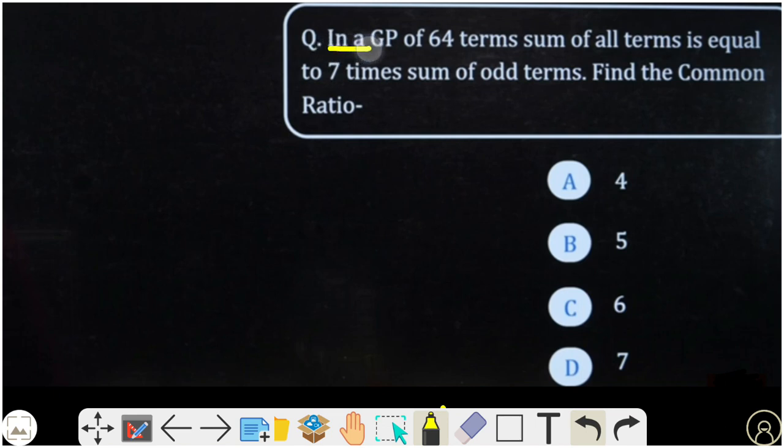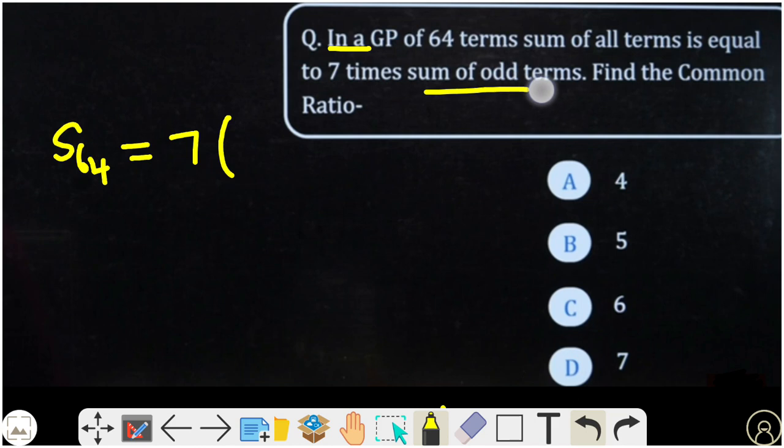So it starts here. In a GP, geometric progression as we all know, of 64 terms, the sum of all terms S64, that is the sum of 64 terms, is equal to 7 times the sum of odd terms.